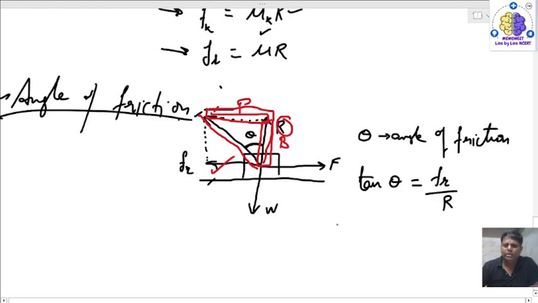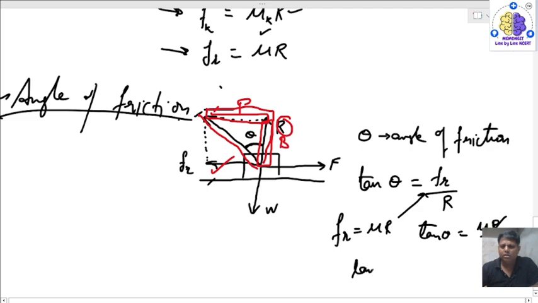And we know that F R is nothing but mu into R. If I put this value here, tan theta equals mu into R upon R. This R and R cancel out. What we get is tan theta equals the coefficient of friction.